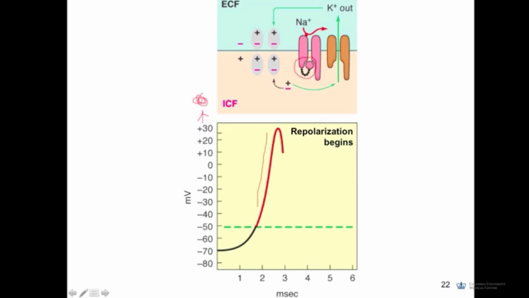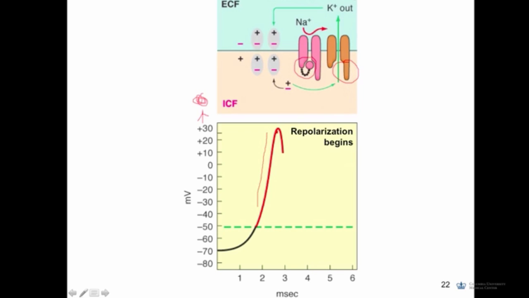So around the time when sodium stops flooding in the cell, reaching close to that peak, that positive 30 or so, that also happens to be the average voltage that opens the potassium gates, the voltage-gated potassium channels. And now the inside of the cell is very positive. Potassium is a positive ion, and its concentration gradient is pointing outside the cell.